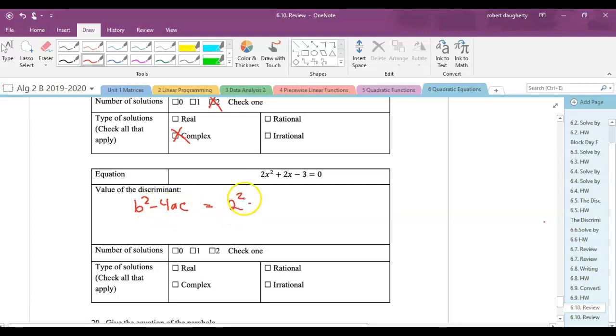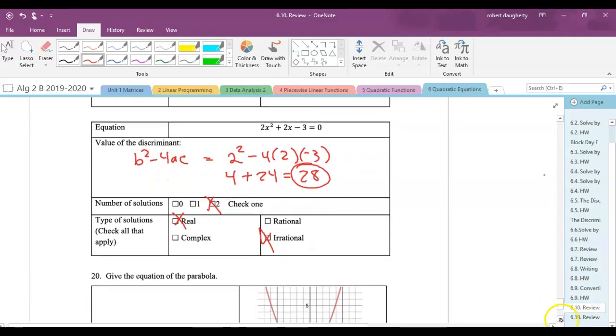That's 2 squared minus 4ac. So that is 4 plus 24, which is 28. Okay, that's real, that's positive, it's not a perfect square. I'm going to get 2 real irrational roots for that guy.